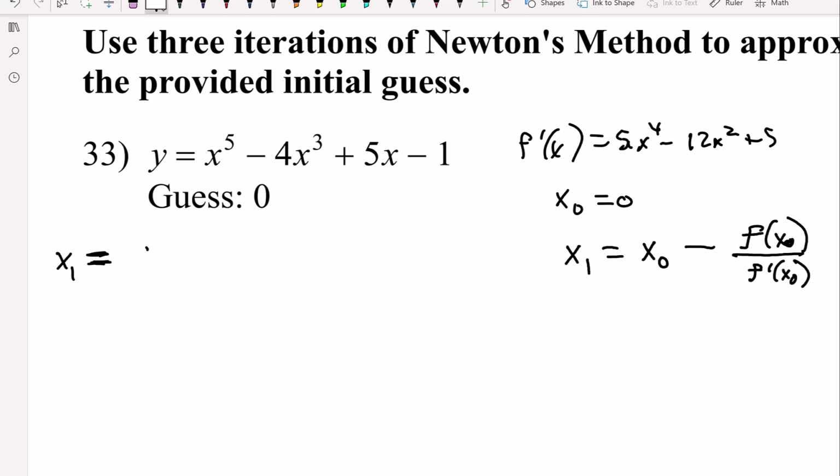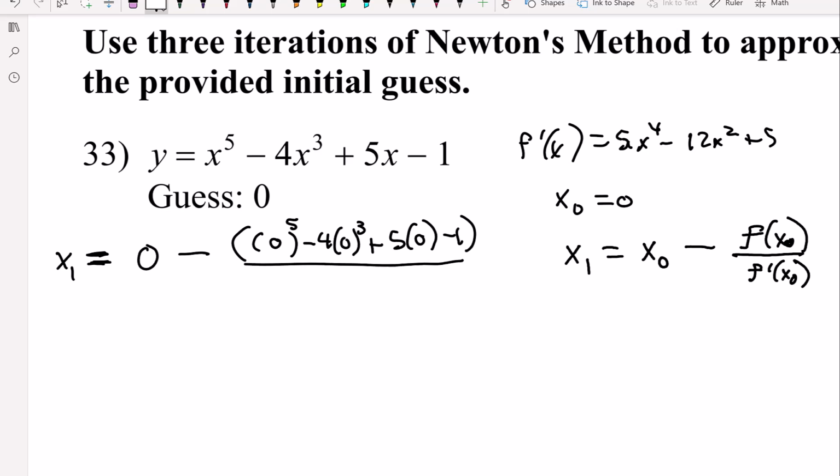So x naught is 0. Subtract f of x. But remember, with x, so 0 to the fifth minus 4, 0 to the cubed, even though we know all of those are going to be 0. Subtract 1. So that's going to be negative 1 over f prime, which is in parentheses.